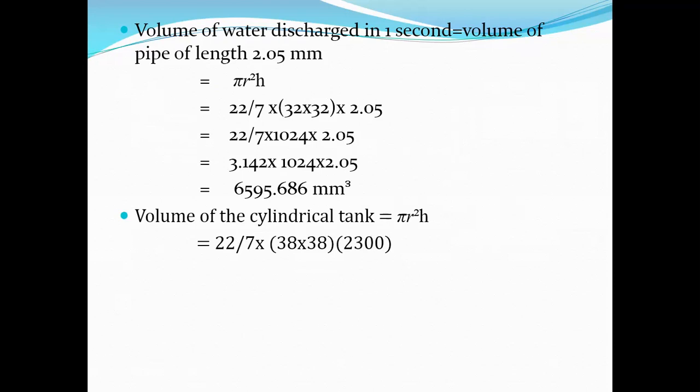So pi is 22/7, 38 multiplied by 38, and h is 2300. After calculation, we got 10,435,210.4 cubic millimeter.